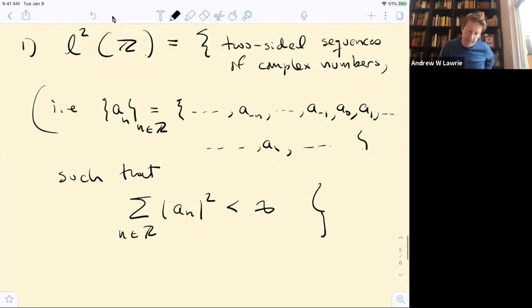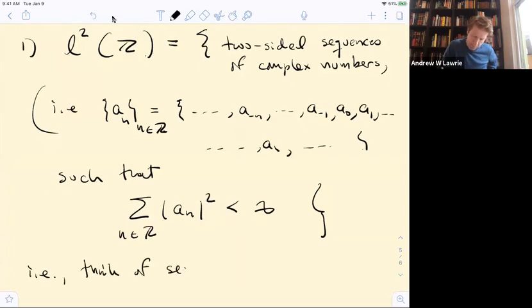So the point is we want to think of sequences as elements of a vector space. So this is the norm.